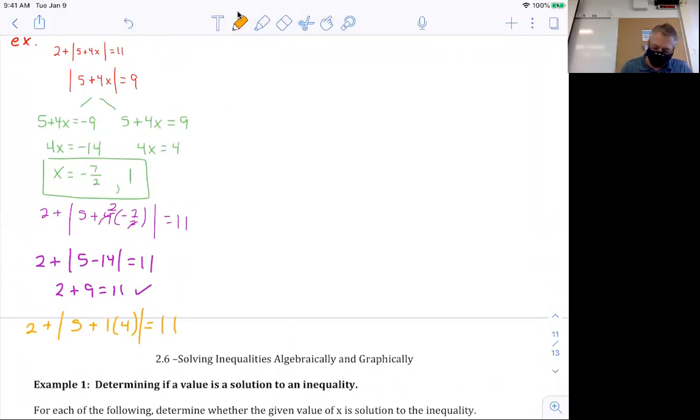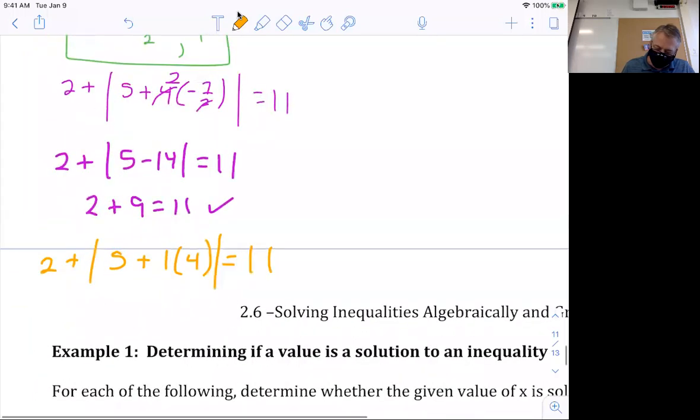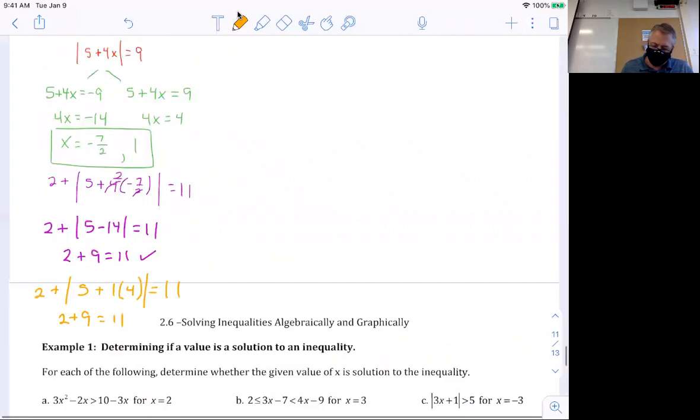Plugging it into the top here, we get the absolute value of 9, which is 9, plus 2. It does equal 11. And so that one also works.